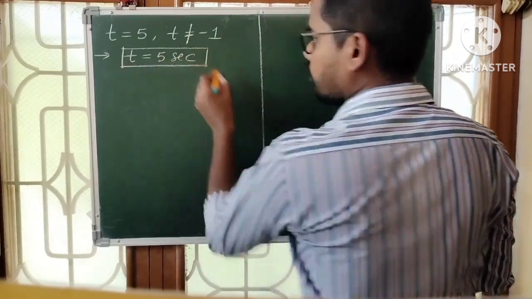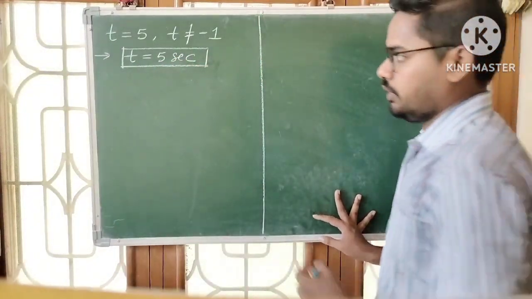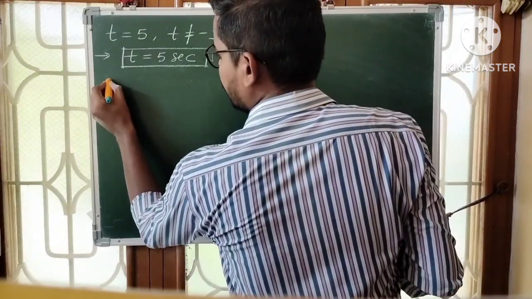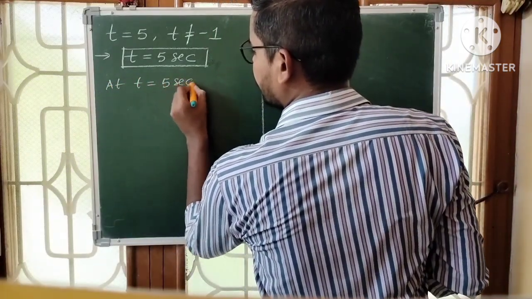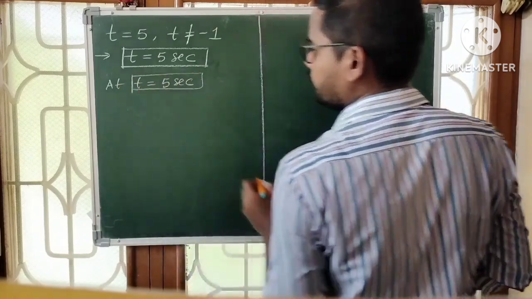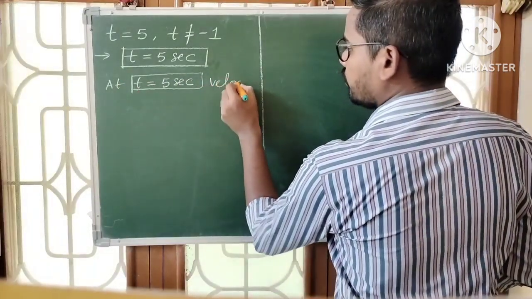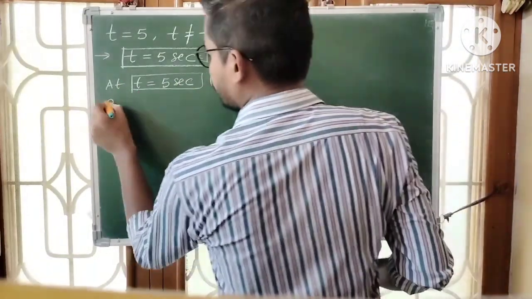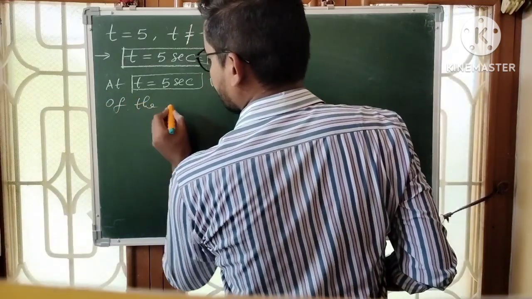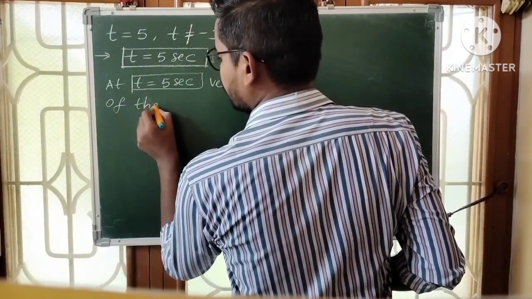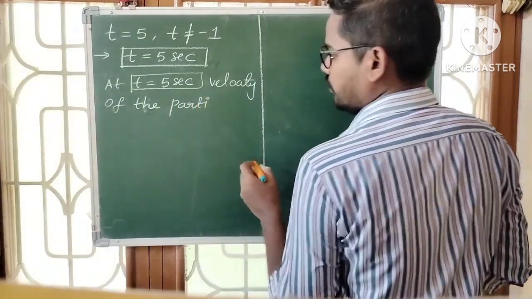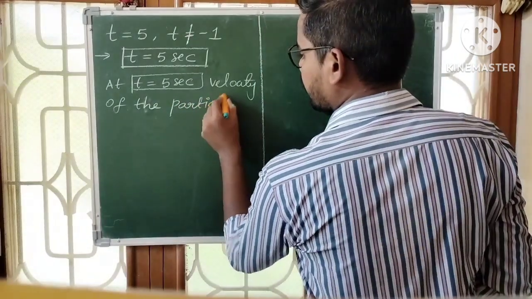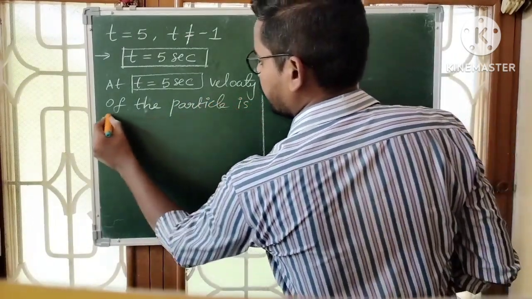So now what is the conclusion for the first question? The conclusion is that at t is equal to 5 seconds, the velocity of the particle is 0.